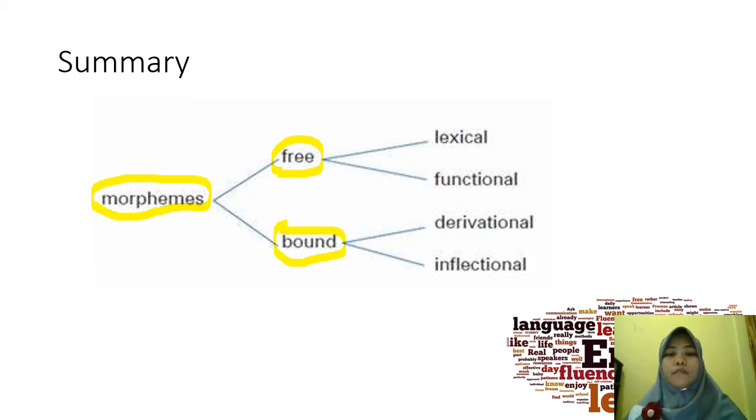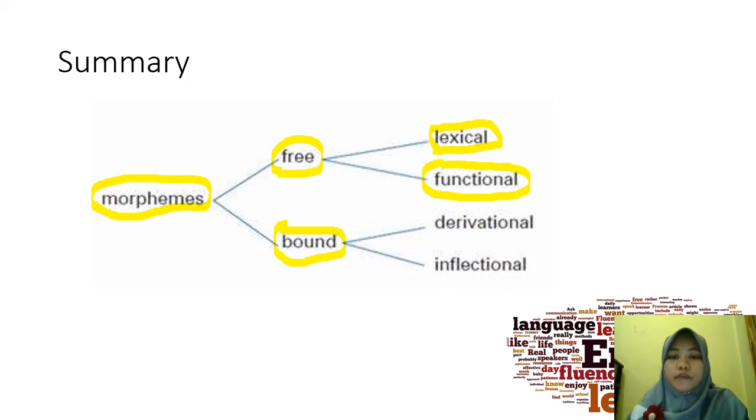Free morphemes have two types. The first is lexical, which makes up the main meaning of a sentence, while functional words or grammatical words connect the content words to make fully meaningful sentences.